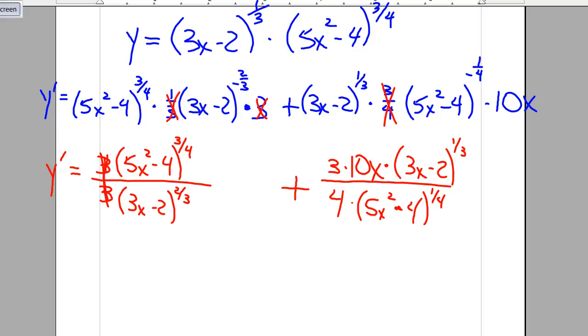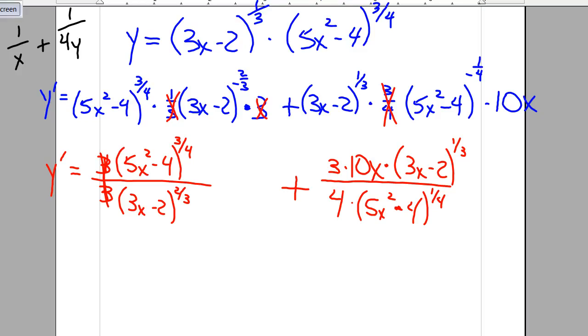So now I need a common denominator. What's my common denominator? If you think about a simpler version of it, if I had like 1 over x here, and then 1 over 4y there, what would my common denominator be? 4xy, right?